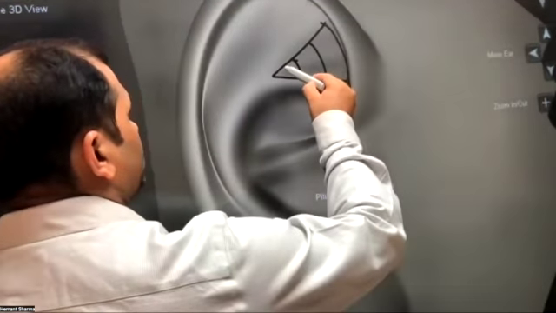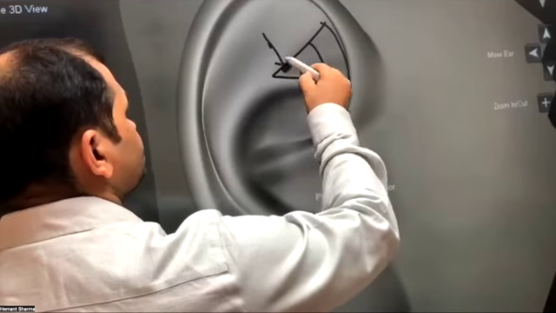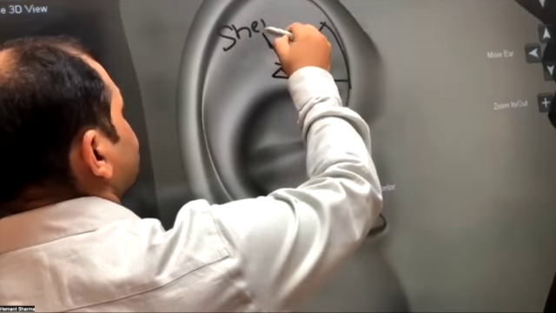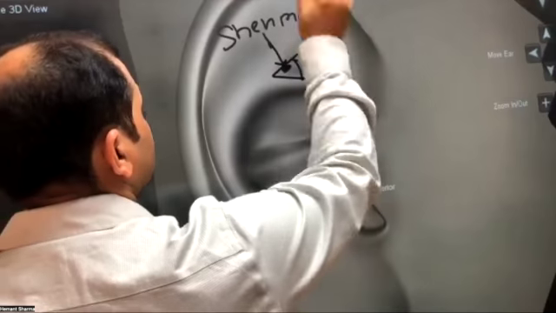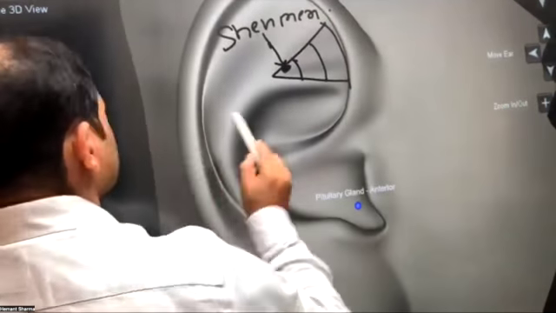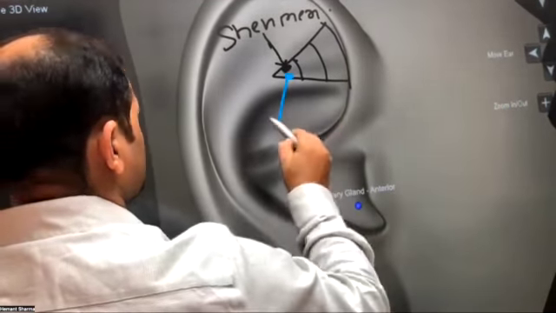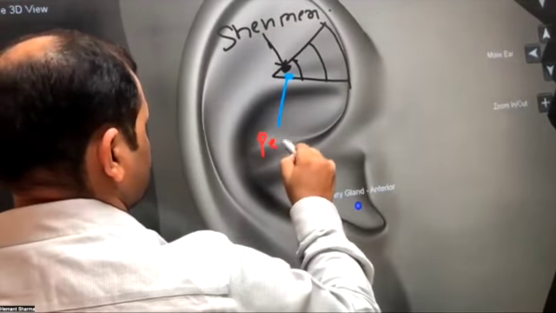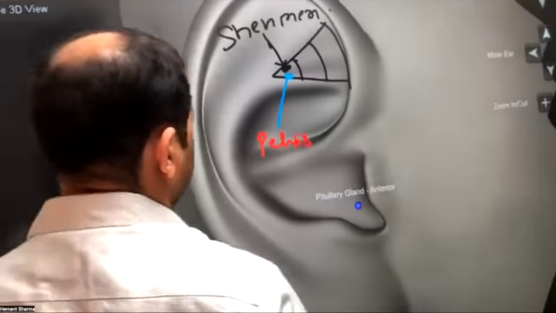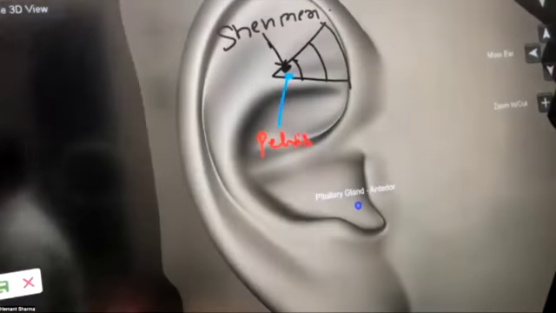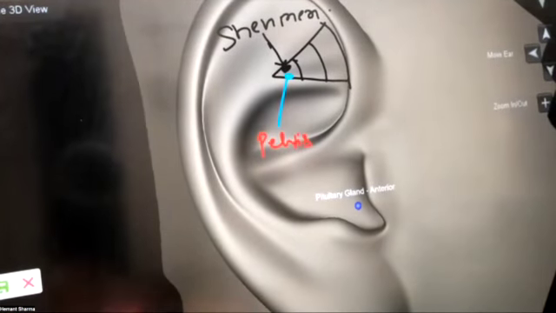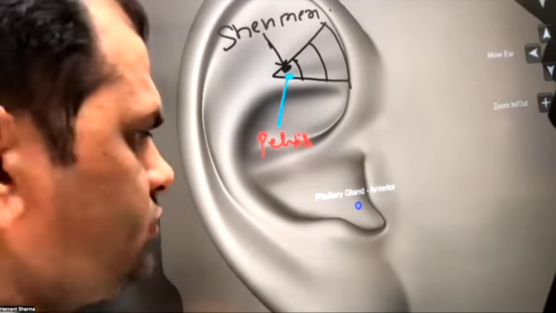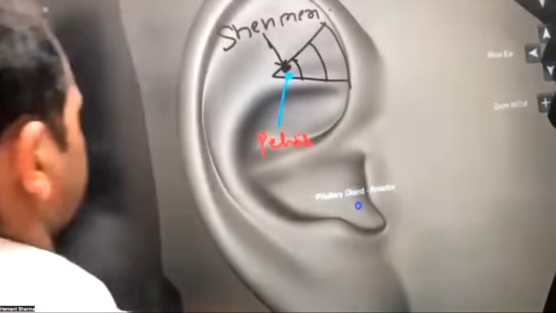And we know this upper point is Shenmen. And the lower point here is called pelvis. इसे हम pelvis कहते हैं. Pelvic part means the part of the hip bone. So this is the pelvis, right?